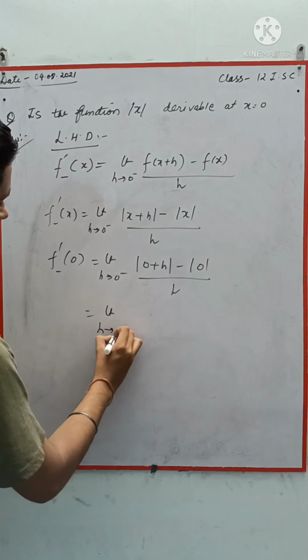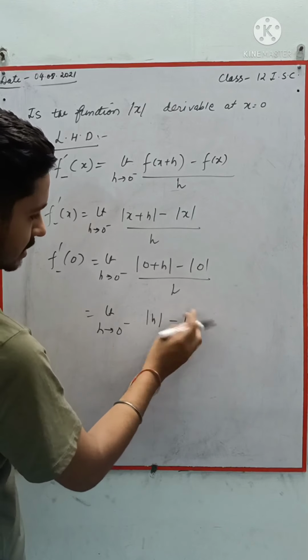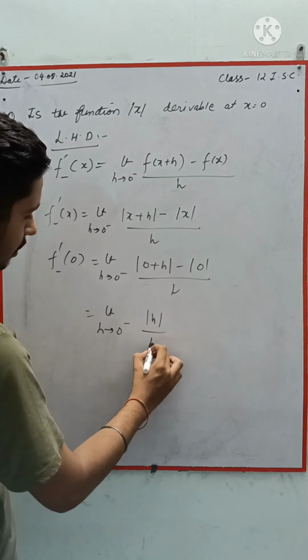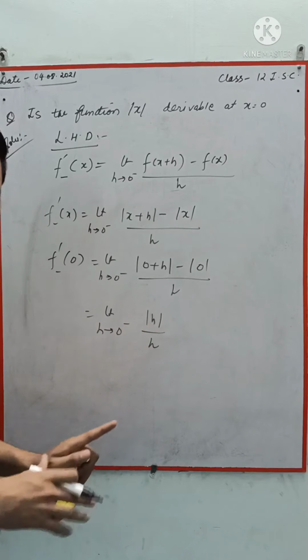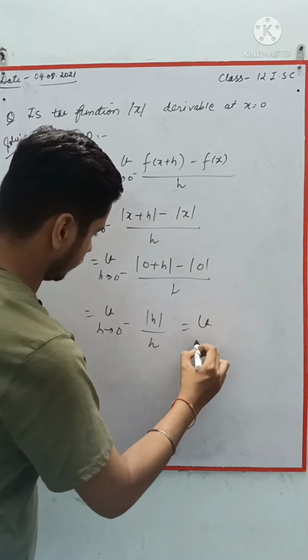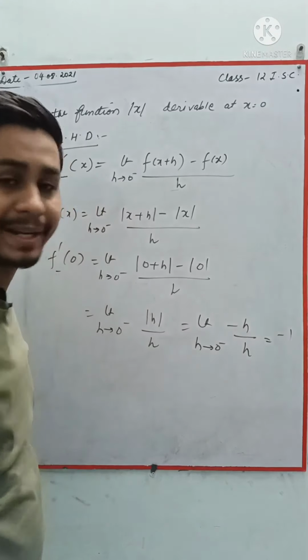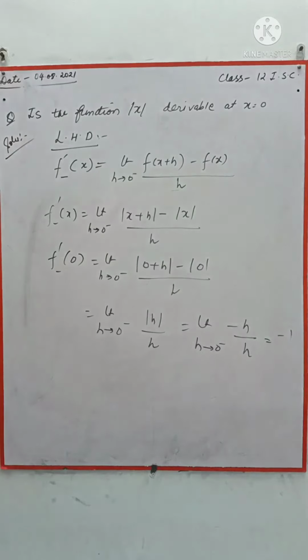So limit h tends to 0 minus, it will be modulus of h minus 0, that is 0 only, upon h. Now for modulus of h, for the negative case we have minus of h. So we got minus of h.